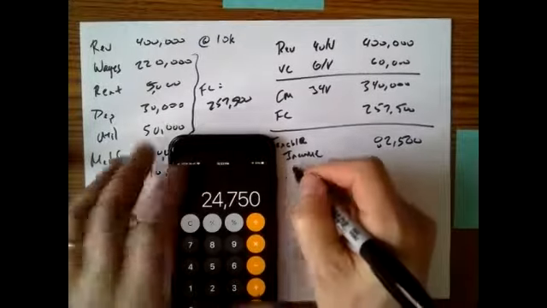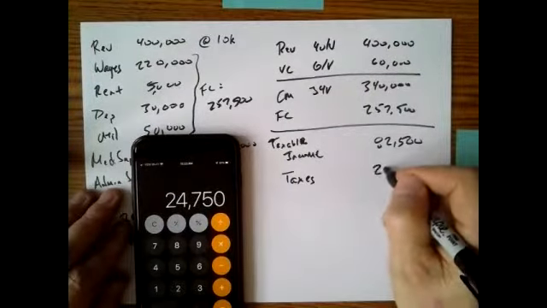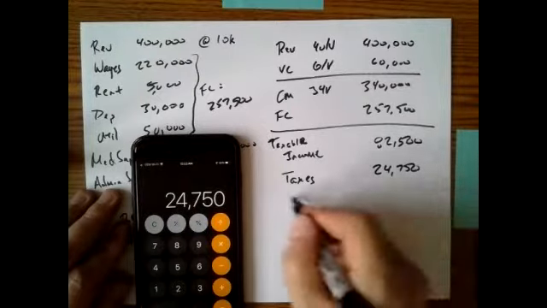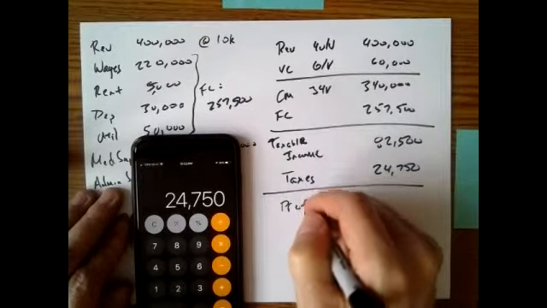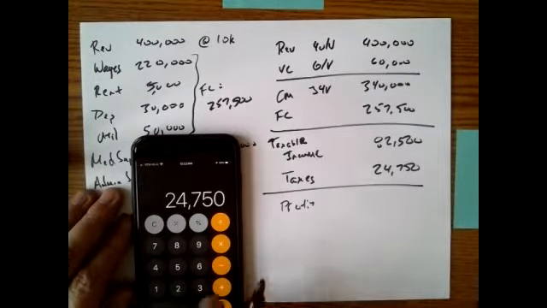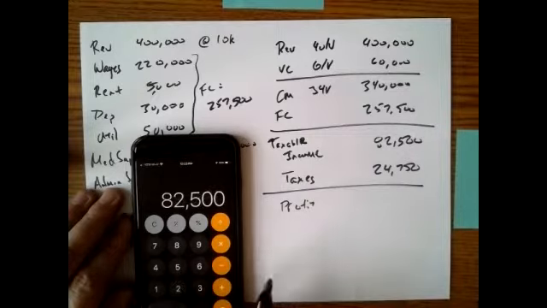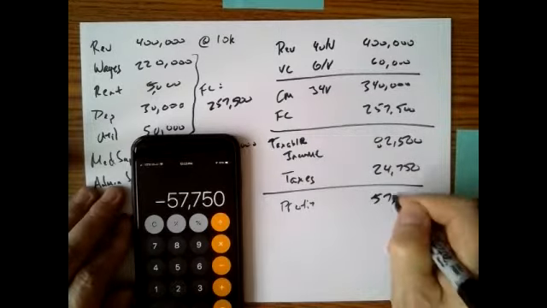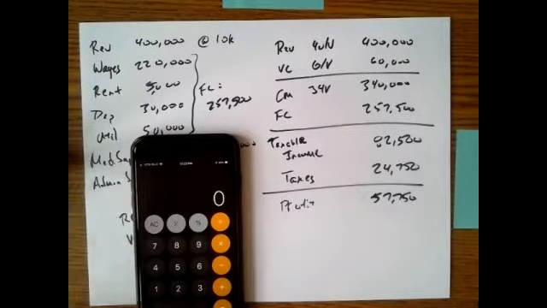That's going to give us taxes of 24,750. And so our profit is 82,500 minus 24,750, which is 57,750. Okay, so that is part A.